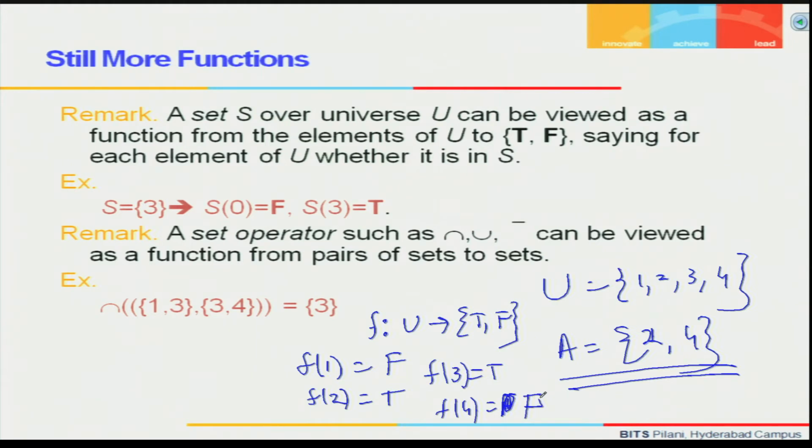When I define it like this, basically this function is actually corresponding to this subset, isn't it? I say true when that element is there, I say false when that element is not there. This is the understanding. When I define my set like this, actually this function is nothing but this particular subset.